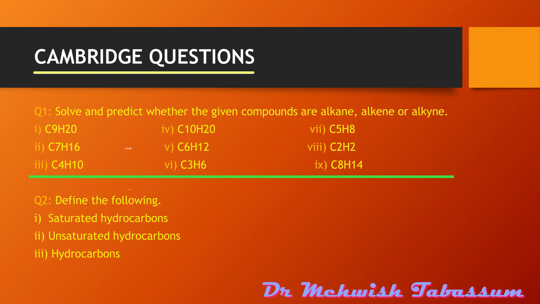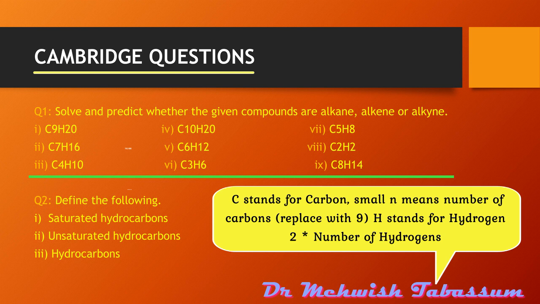In the C section, where in the formula it is mentioned Cn, in the n section write 9. In H2n+2, in the n section write the number of hydrogens, and here in question number 1 the number of hydrogens is 20. So write there 20 and so on, solve the question.